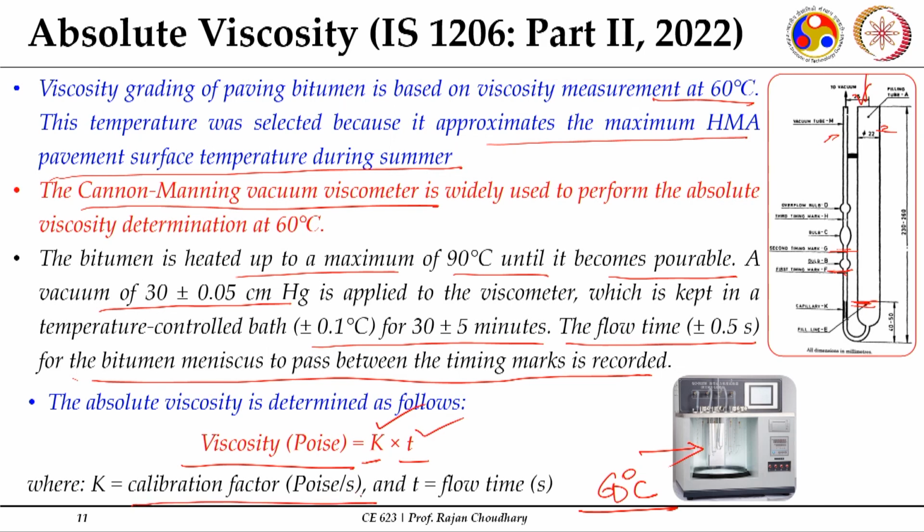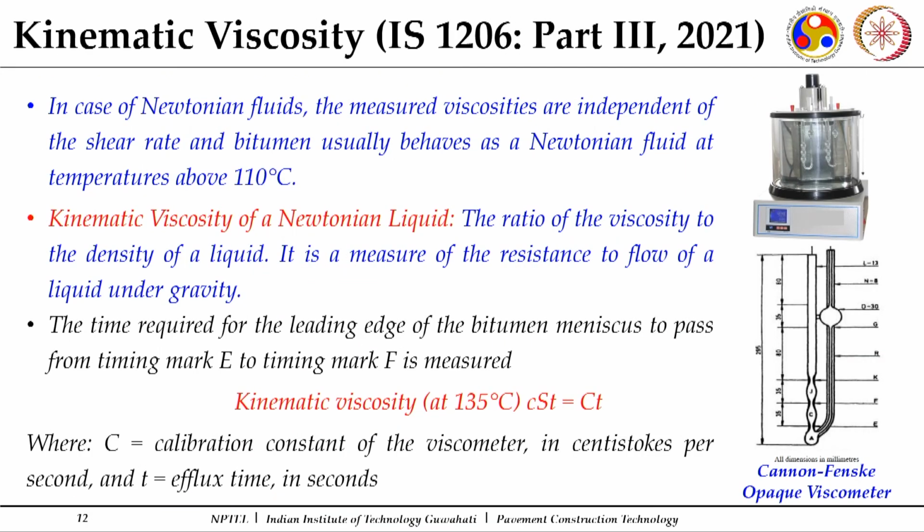This calibration constant is given by the manufacturer of the tube. There may be different calibration constants for different types of tubes, and even for those supplied by different manufacturers. So, this gives you an idea about the consistency of binder at 60 degree centigrade, which is the temperature at which these bituminous mixes have to perform in the field.